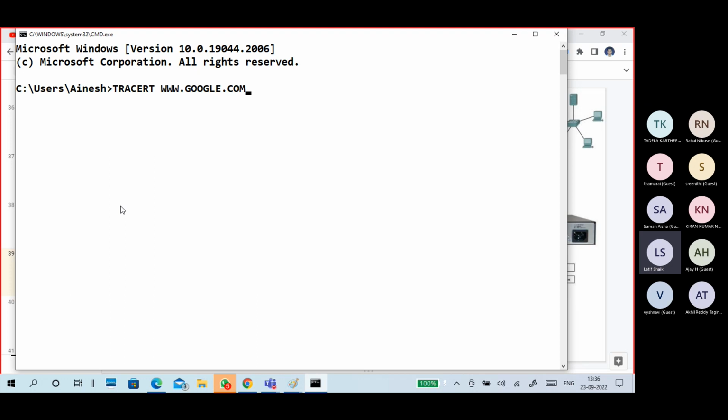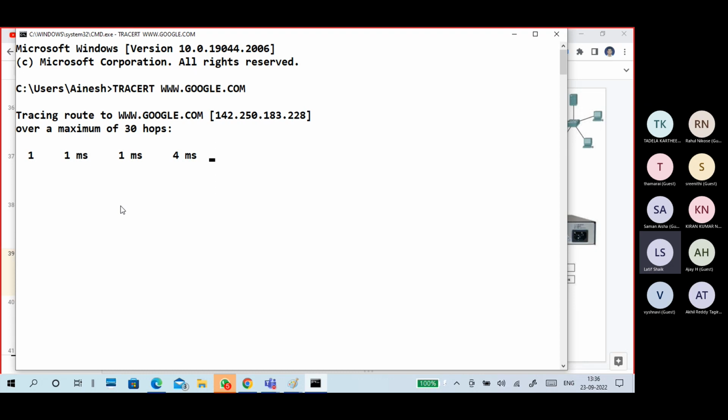How I am reaching, what path I am going, to know that, this command is useful. Tracert shows how you reach the destination. But who will tell how to reach the destination? Who is providing the best path? It is the router. The first thing it is showing is the IP address of google.com. First of all it should go to my router, then the ISP router. That is my router IP address.